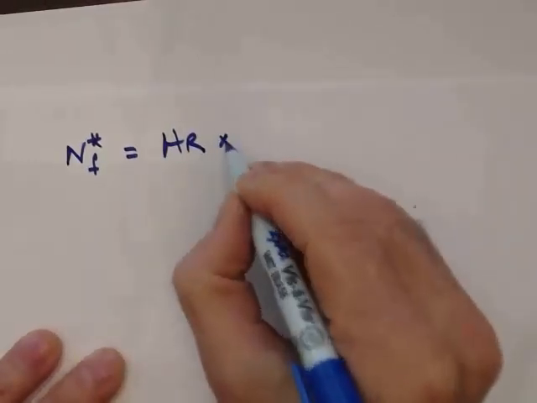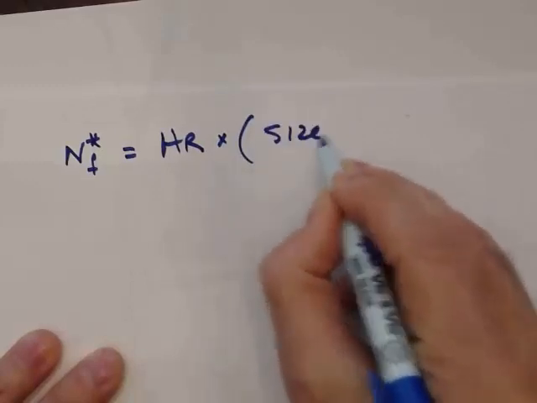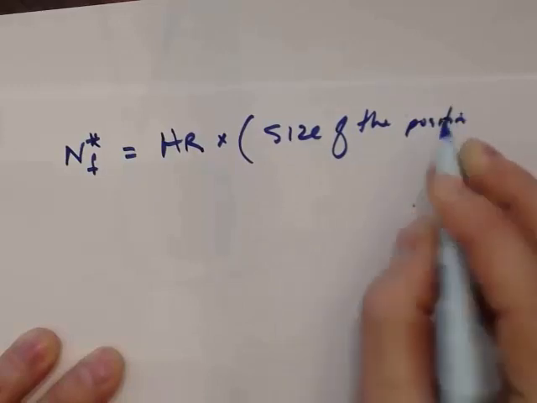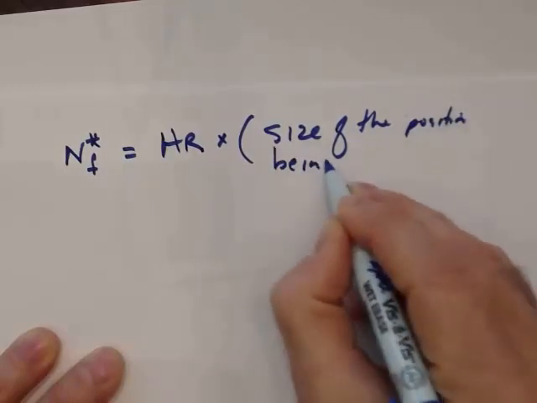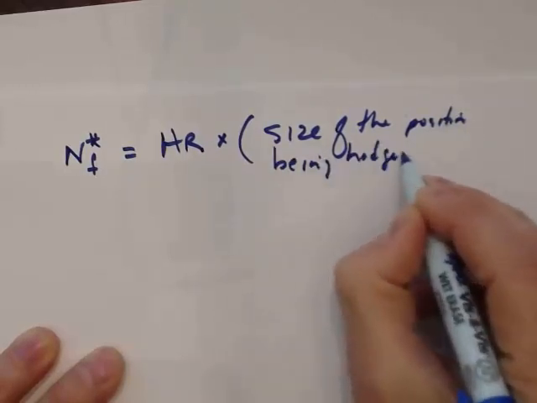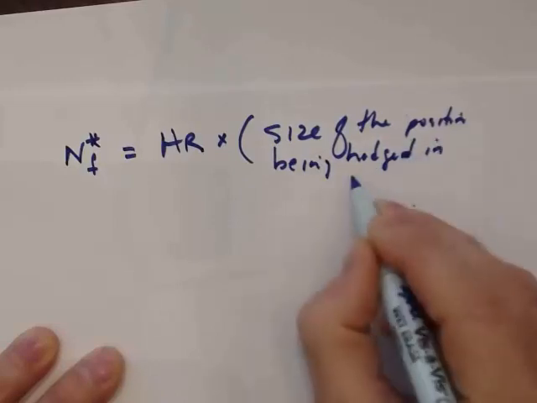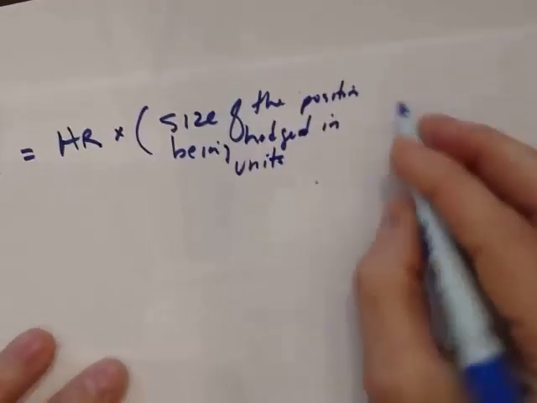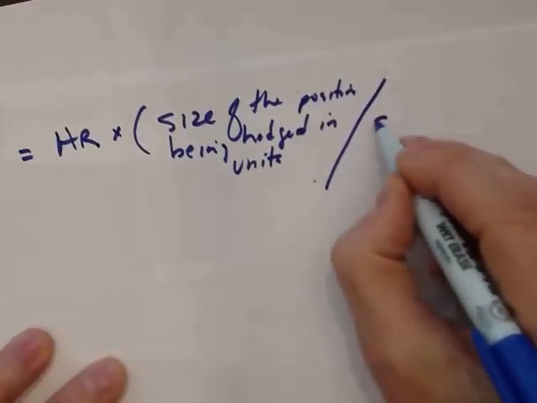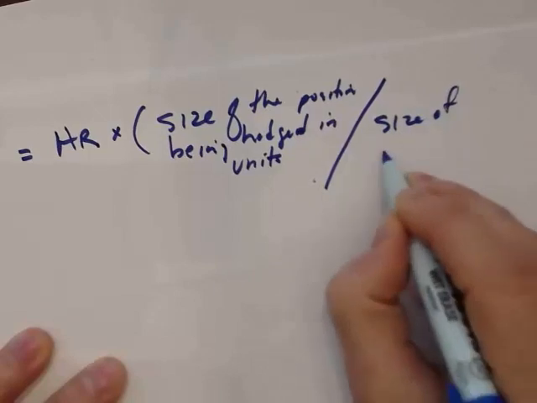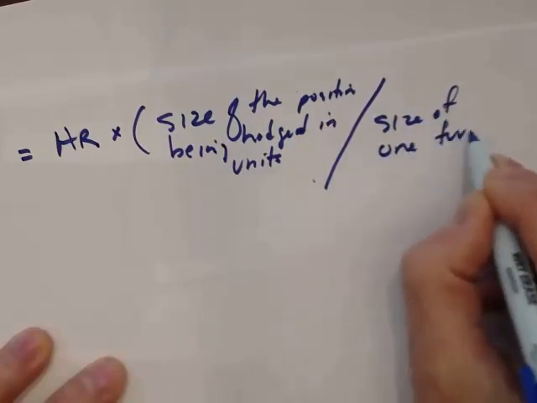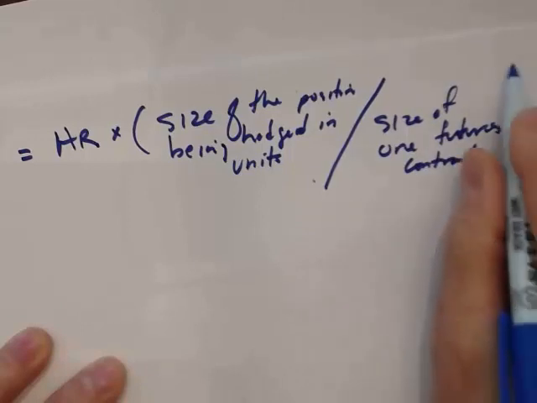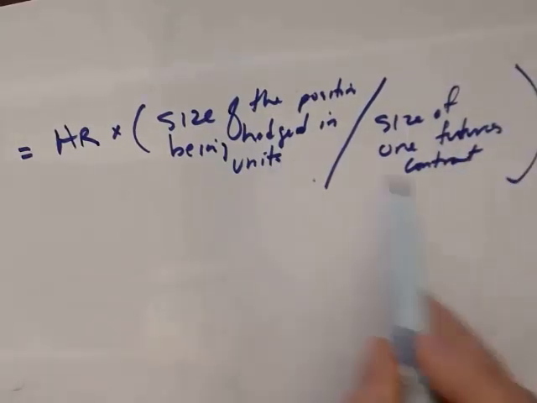It's your hedge ratio times the size of the position being hedged in units, meaning bushels or pounds, divided by the size of one futures contract. With the same units, obviously.